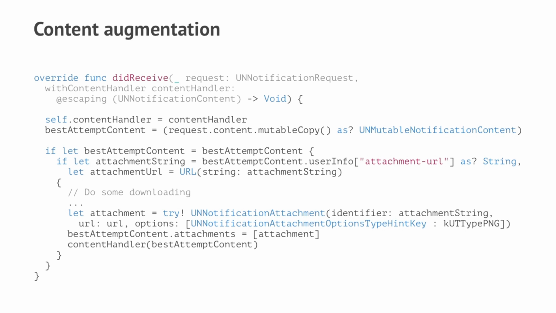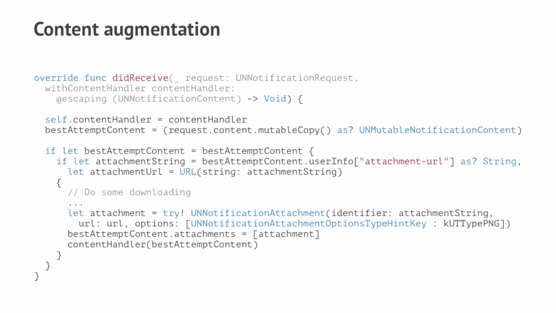I provide the URL inside the push notification, and in this thing here, I'm going to try and download that image. You'll be disappointed it's not my face, but you can imagine it is. And then once I've got that image, I can create a new attachment with that and set that to be the new content with the notification, and then call back the completion handler.